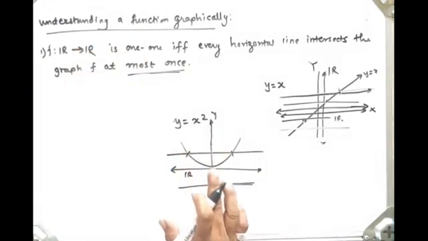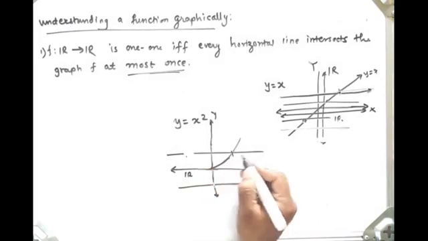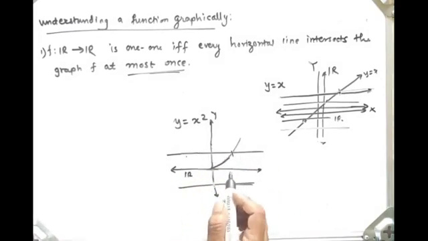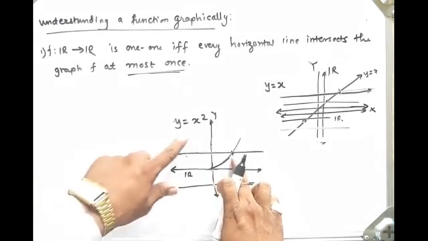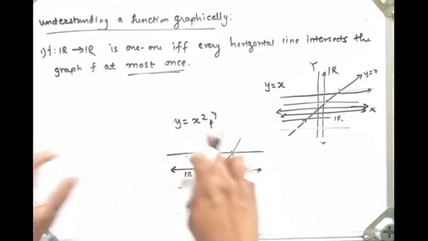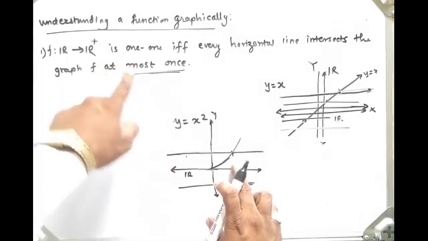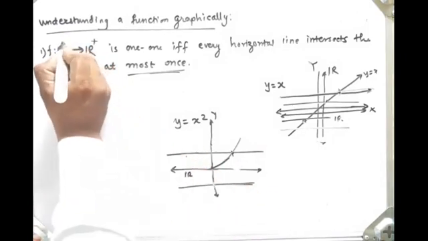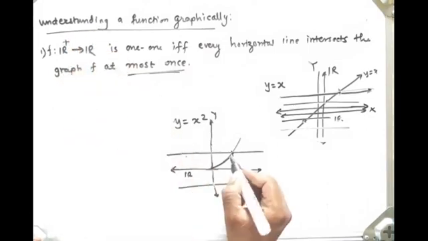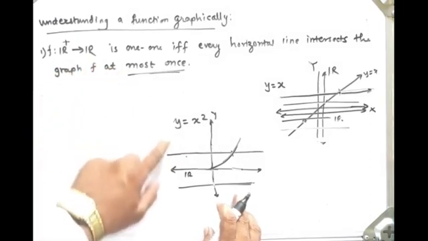If the graph is only this type, and we draw the horizontal line, then it cuts a single point, right? So if the domain is positive real numbers, then we say that the function y is equal to x square from R plus to R is defined like this.